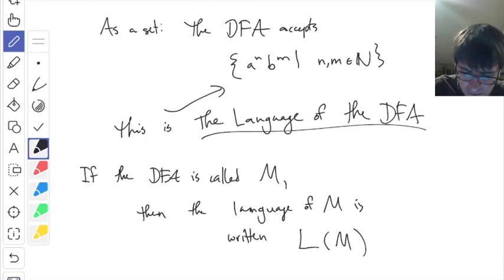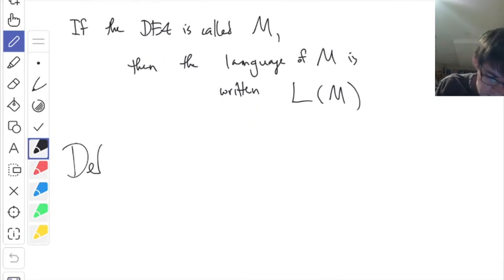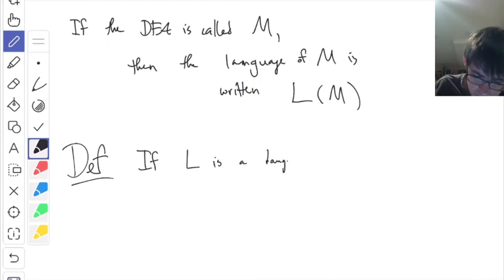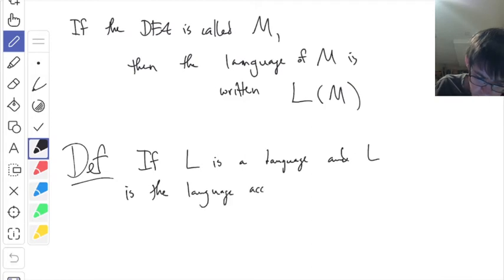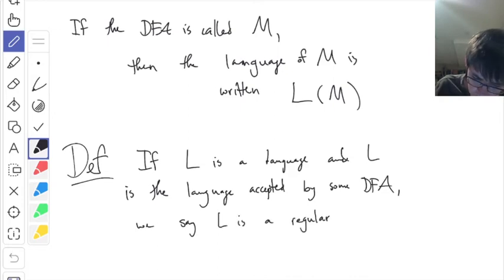And here's a definition. Certain languages, remember language just means a set of strings, can be the language of a DFA, and there's a name for that. So I'm going to say if L is a language, and L is the language accepted by some DFA, then we say L is a regular language.